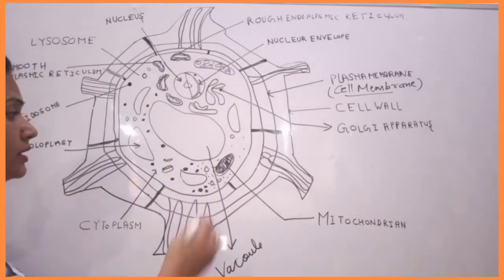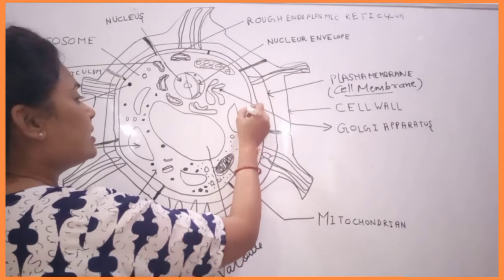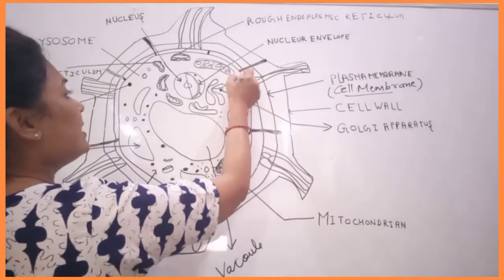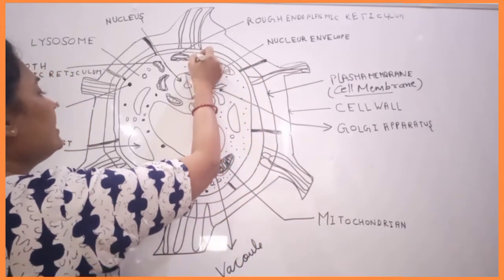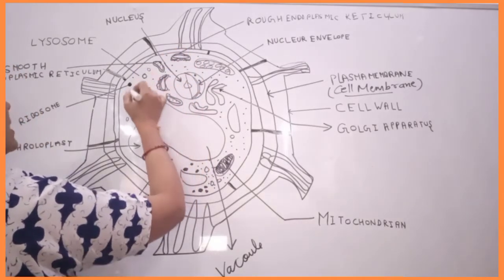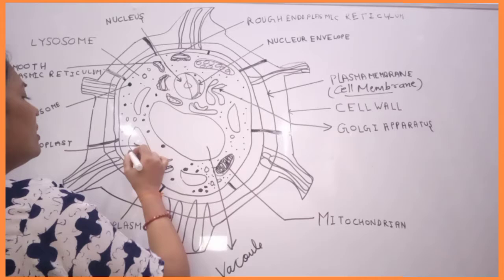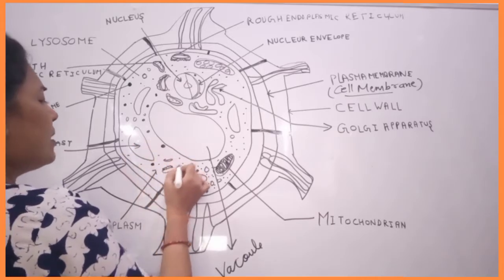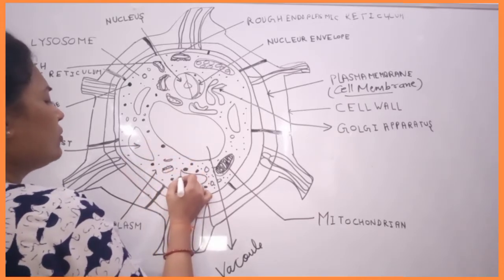After that, a fluid is present in the plant cell, and this is the cytoplasm. The cytoplasm is present between the plasma membrane and the nucleus.